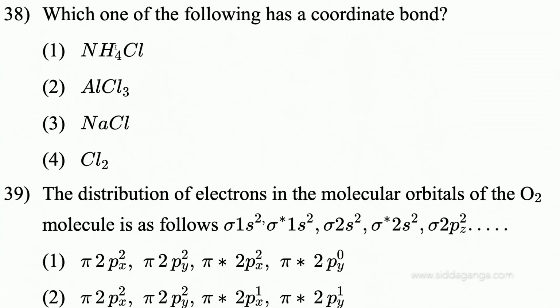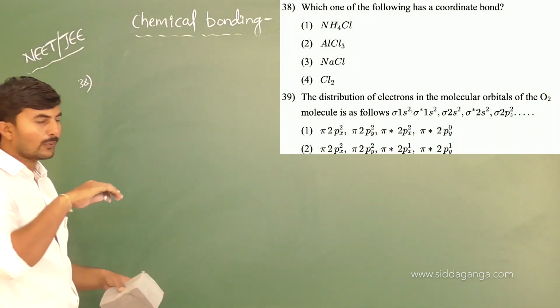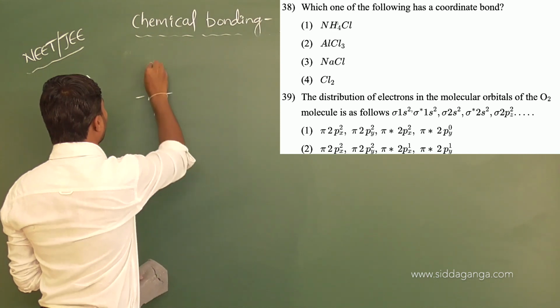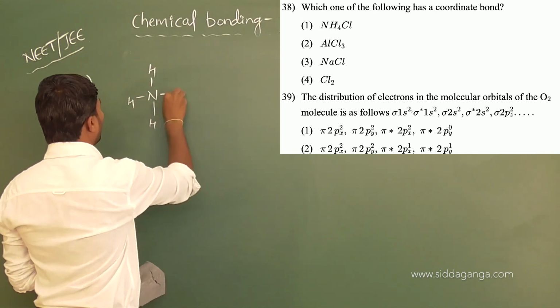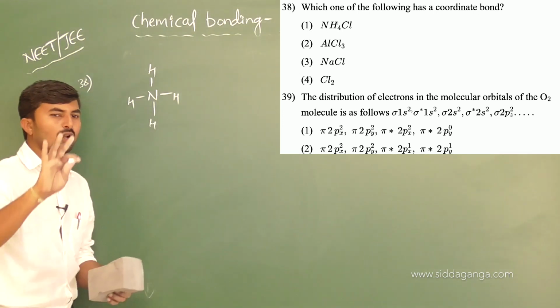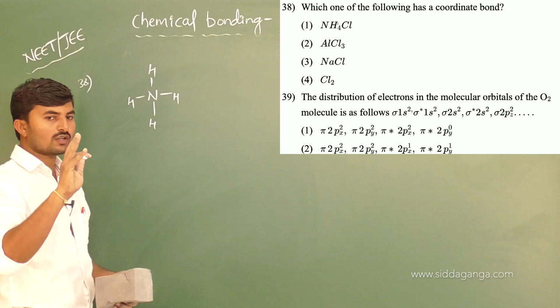Then which of the following has a coordinate bond? What is meant by this coordinate bond? Coordinate bond means, if you take an example of NH4 molecule, usually nitrogen is trivalent in nature and it can form only 3 bonds. Okay, 3 bonds capacity.